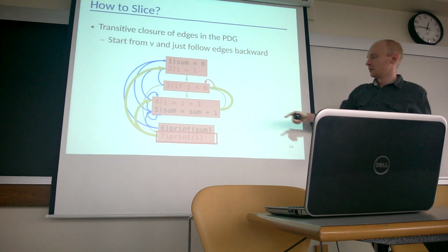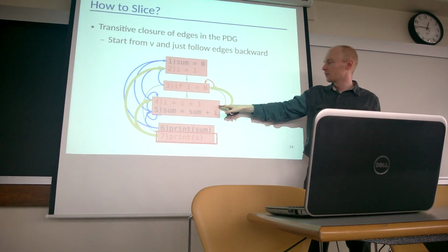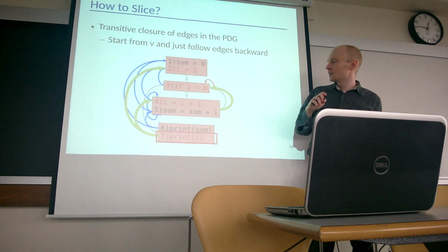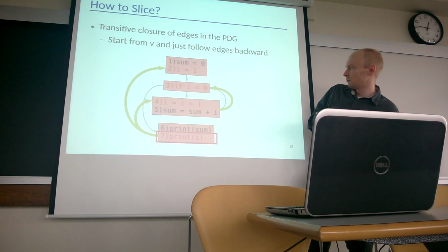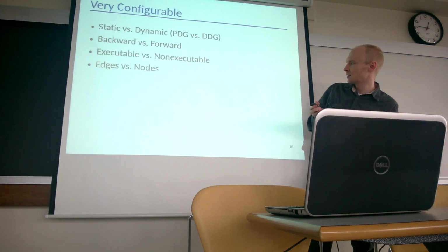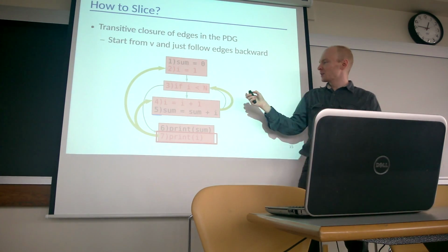And then from this one, well, we control depend on 3, right? And so these are our, well, this is, oh, did I stop there? Yeah, technically this is everything. What actually happens?